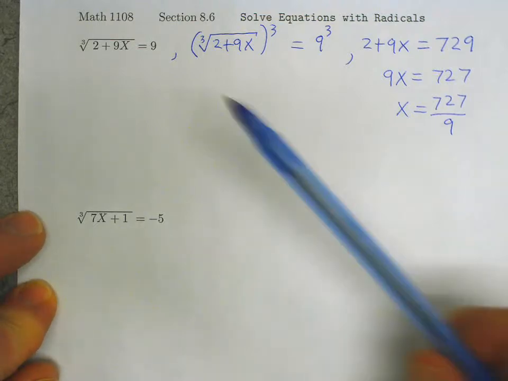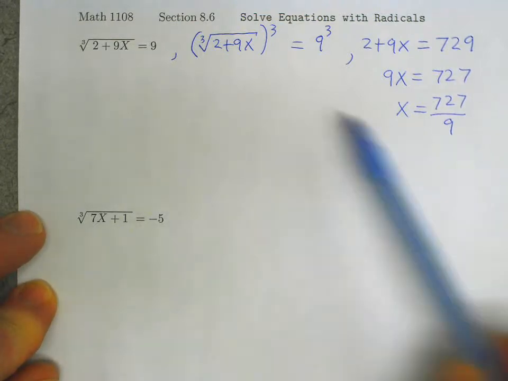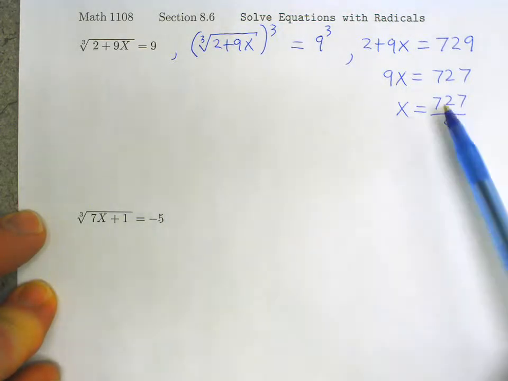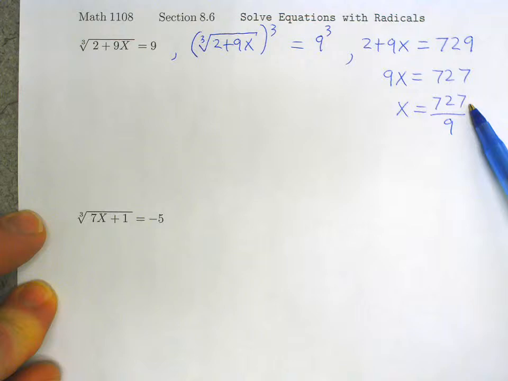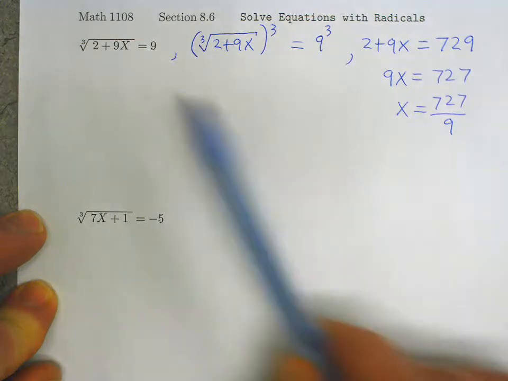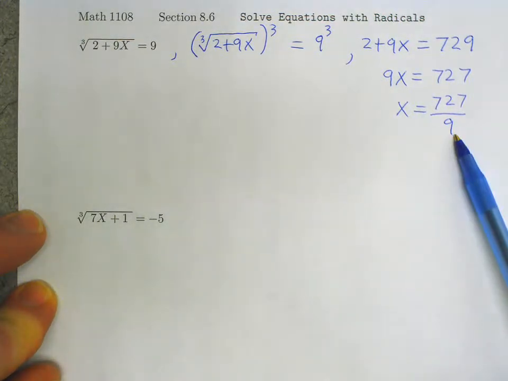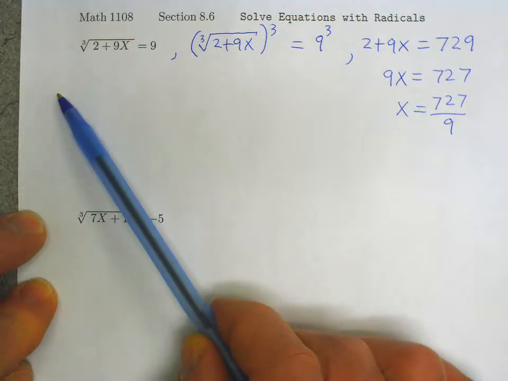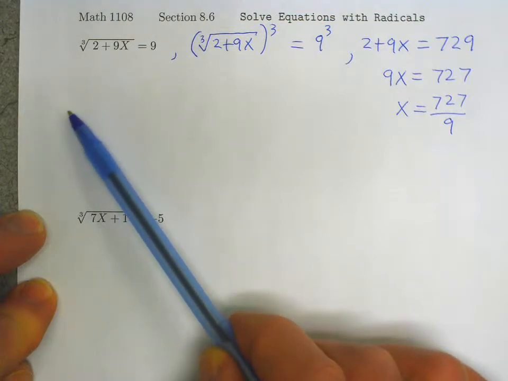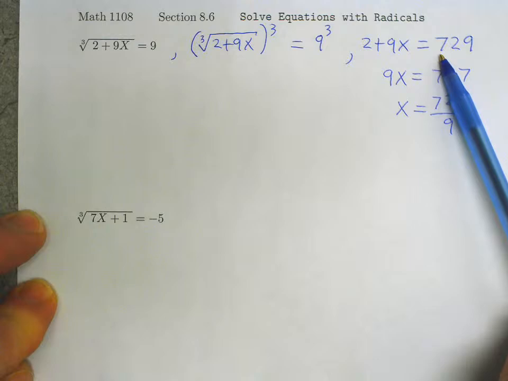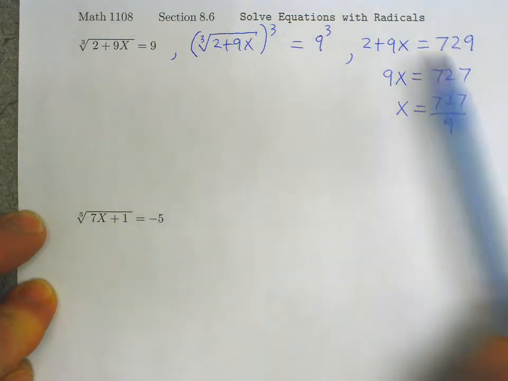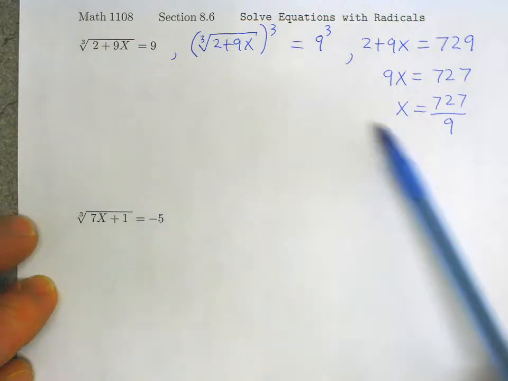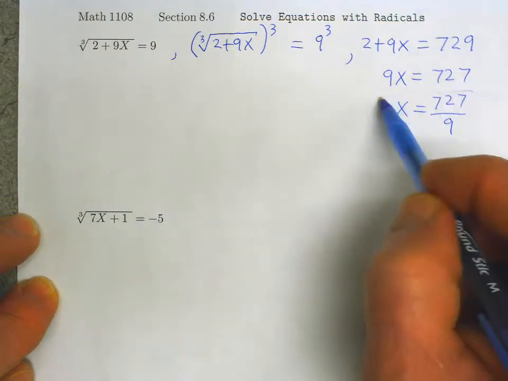It's really straightforward to check this one. If you replace x with 727 divided by 9, the 9's are going to cancel, and you'll be left with the cubed root of 2 plus 727, which is the cube root of 729, and we already know that the cube root of 729 is 9. So this will work out to be the solution.